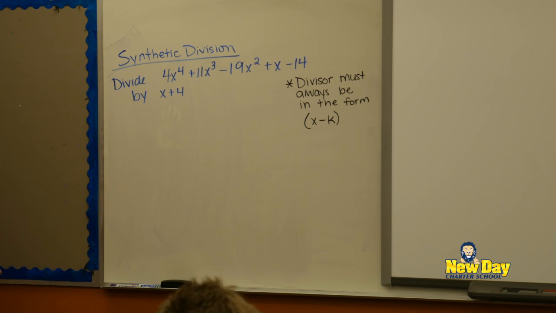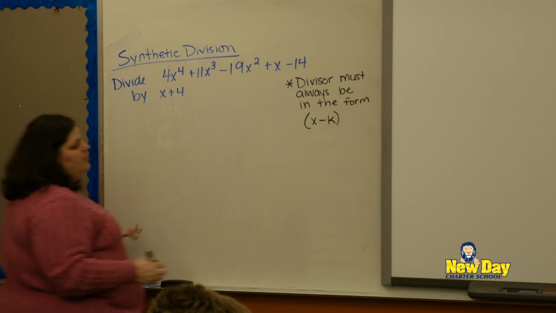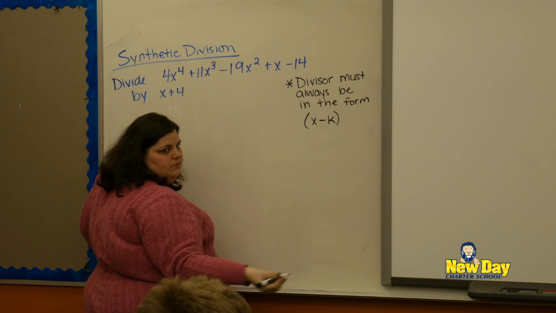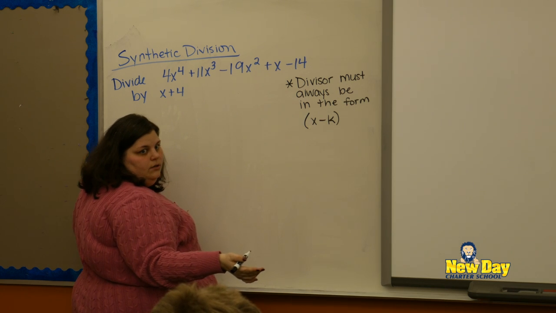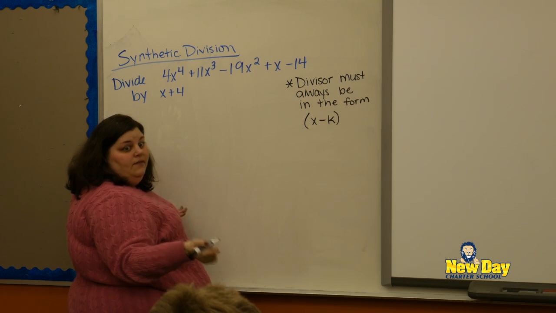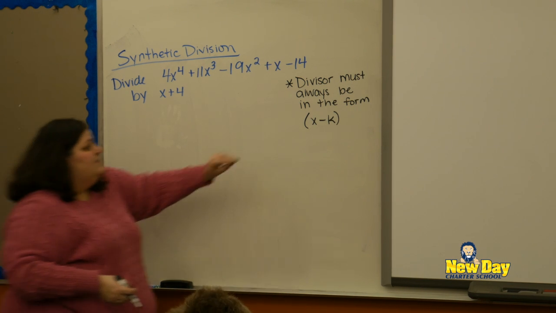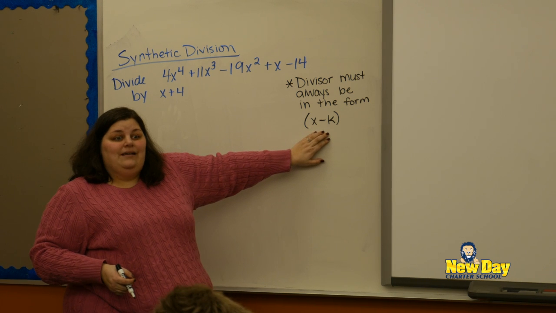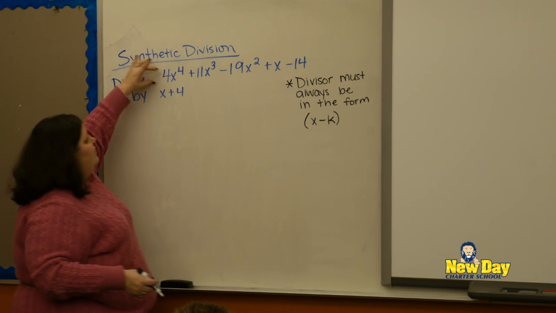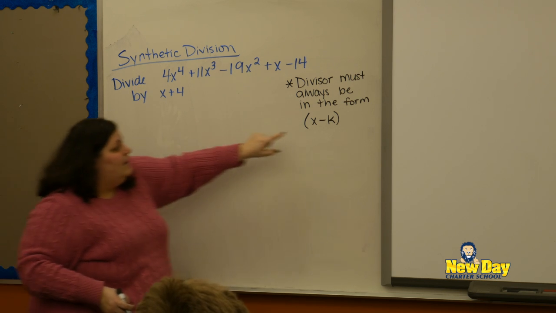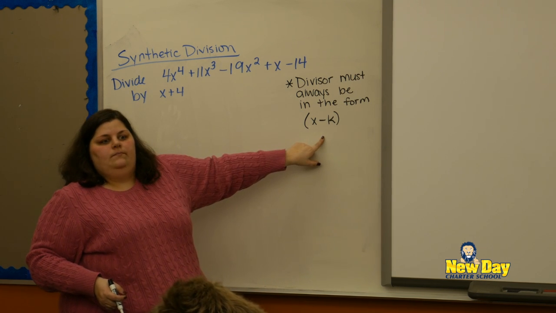Okay? So notice that your coefficient on x has to be 1. Right? It can't be like 2x minus 1. That doesn't work. If it's x squared, you're forced to use long division. If what you're dividing by is not in this form, not the big thing that you're dividing, you have to use long division.